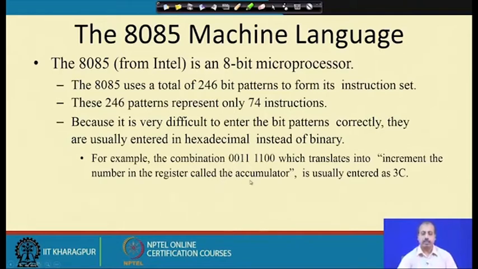We will see in detail after some time. Instead of entering the data as 00111100, we can break it into 2 hexadecimal digits, 3 and C, so 3C. If we have a hexadecimal keypad, we can enter these 2 digits very easily.